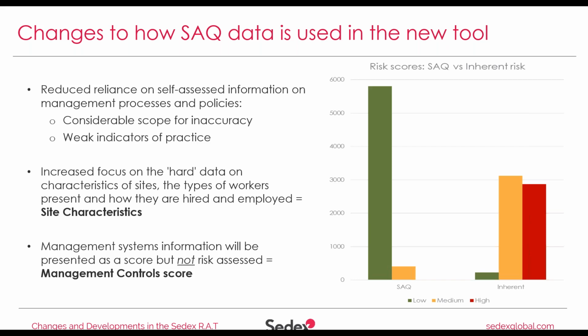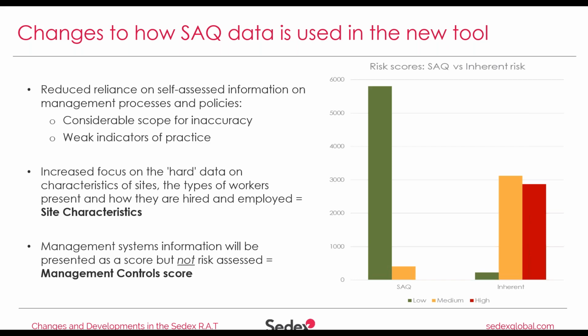And what happens potentially is that you bring those together into an overall risk score, and you get a sort of potential artificial deflation of overall risk scores by bringing those two things together. And so what we're doing instead in this version of the new risk assessment tool is an increased focus on hard data, on the characteristics of the site.